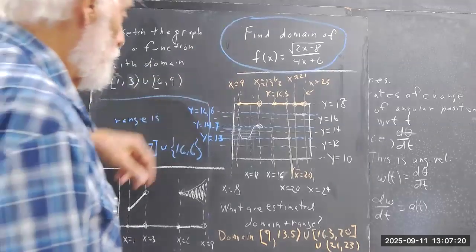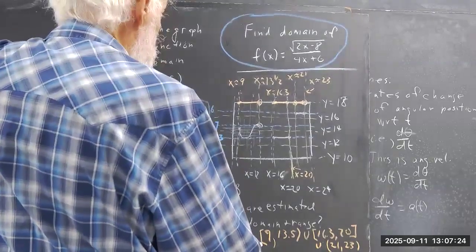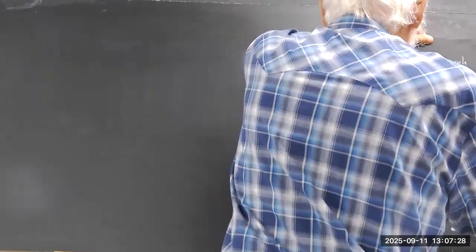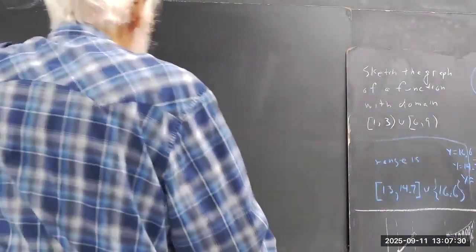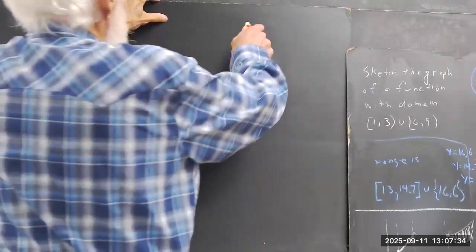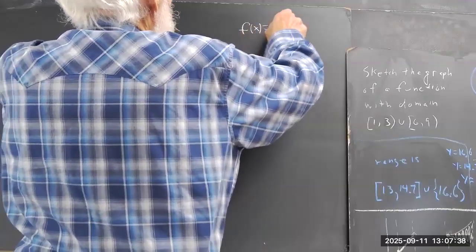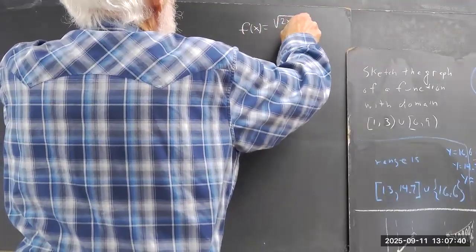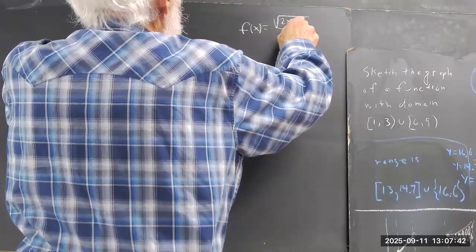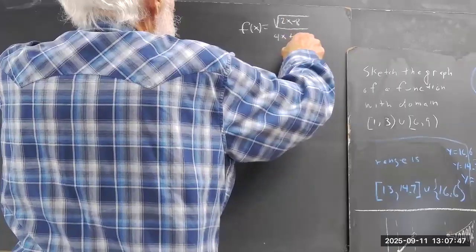Now, when you have a formula, and we do a whole lot of work with functions where you're given formulas. I'm just going to copy that over here. You got, f of x equals the square root of 2x minus 8 over 4x plus 6.